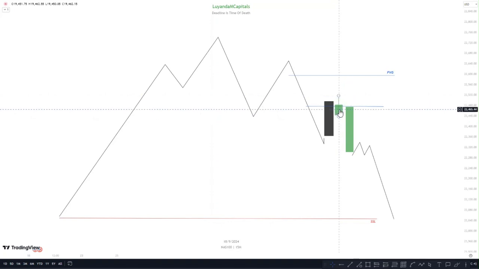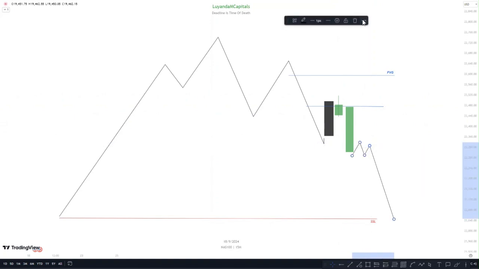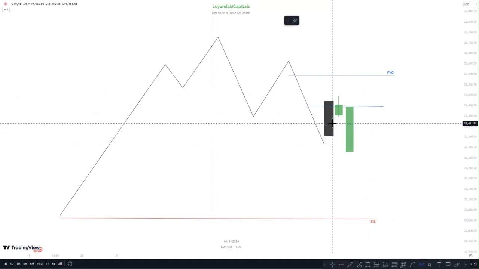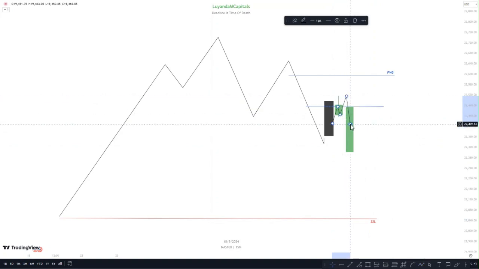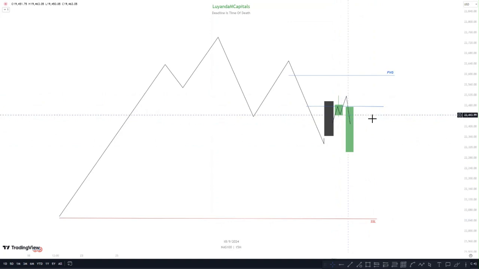Because what the market has done here is very simple. The market has taken out this buy side and then displaced lower, closing inside. It's very important for you to wait for a closure.